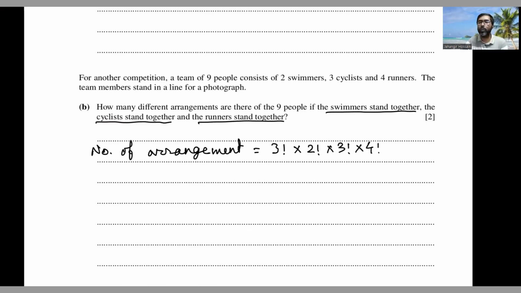So that's the total number of different arrangements, which is 1728. So here group swimmer, cyclist, runner. Okay, so that's part B.